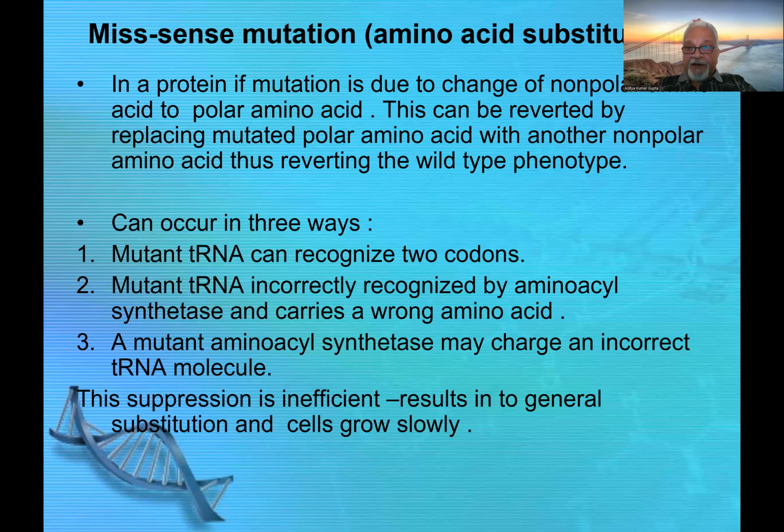I showed you one example in the previous slide, but there are three ways by which it can substitute amino acids. One is that the mutant tRNA recognizes two codons. Two codons means one correct and another incorrect. Or the mutant tRNA is incorrectly recognized by amino acid synthetase and carries a wrong amino acid.